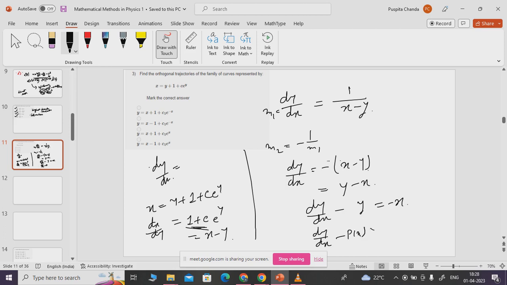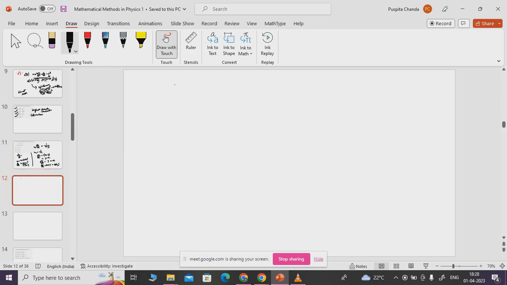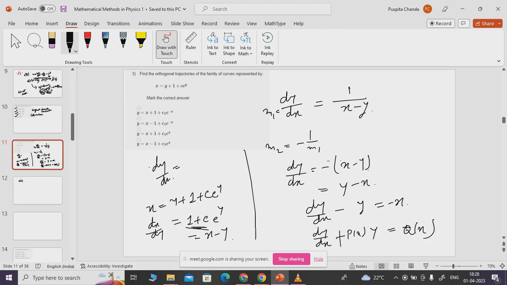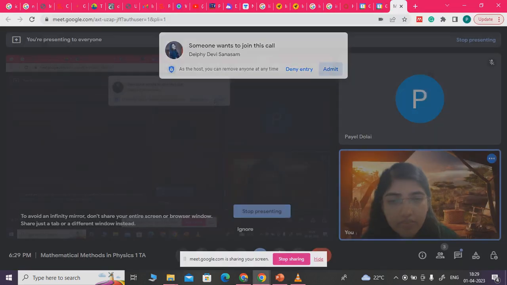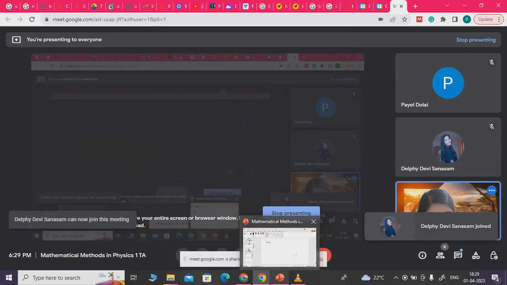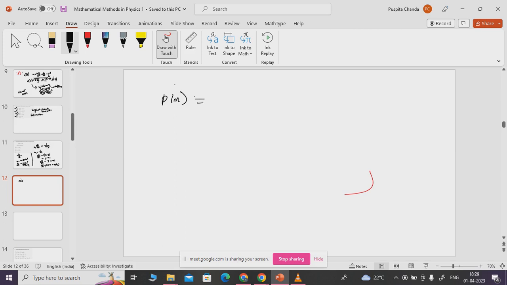It can be written in the form dy dx minus p of x into y is equal to q of x. Here p of x is equal to minus 1 and q of x is equal to minus x.